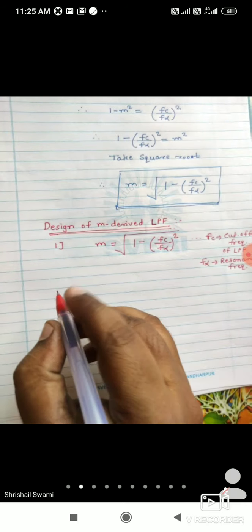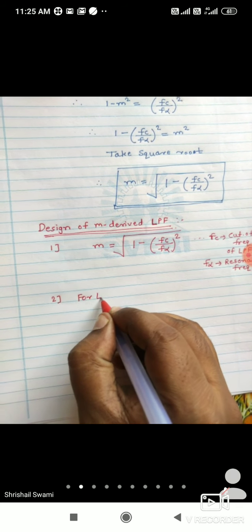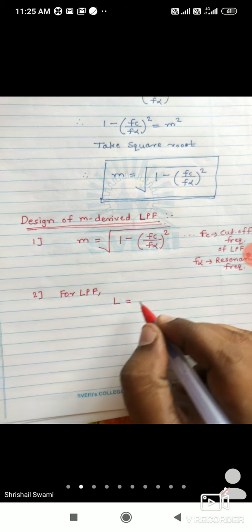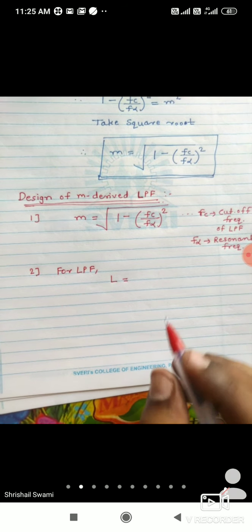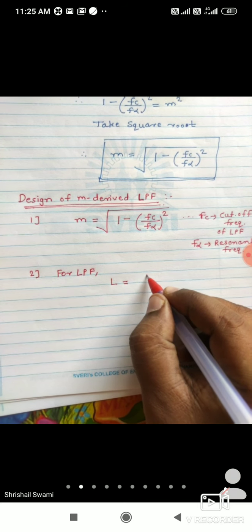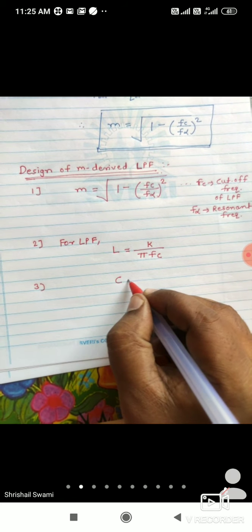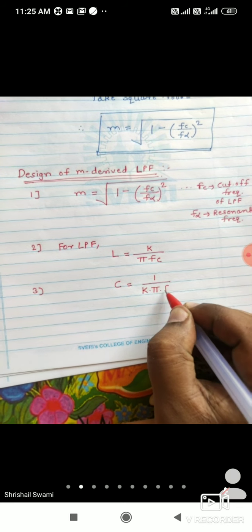Okay, now the second expression for low pass filter. What will be the formula for L is equal to? Recall the formulas for low pass filter of constant K type. L is equal to K upon pi fc, and the third one, C is equal to 1 upon K into pi into fc.